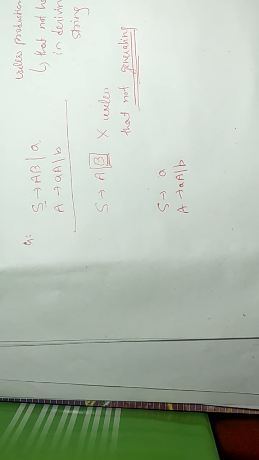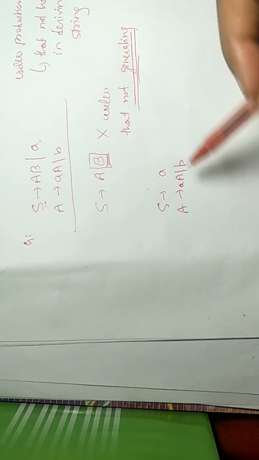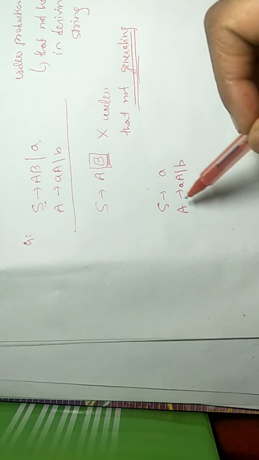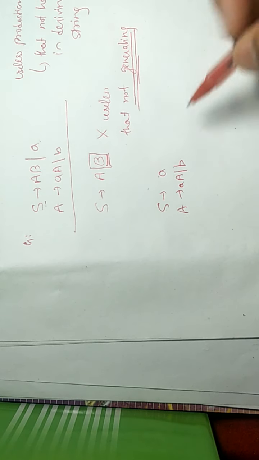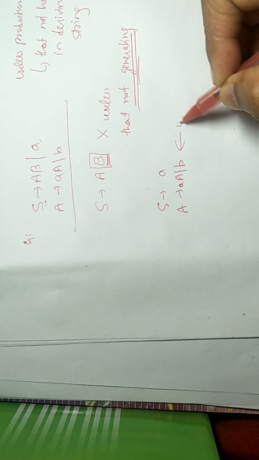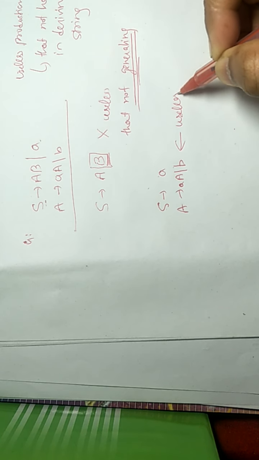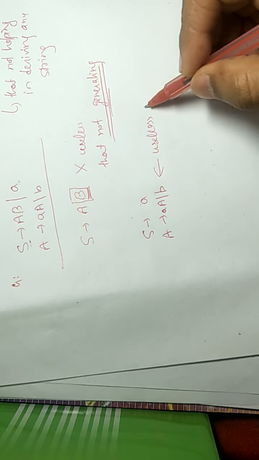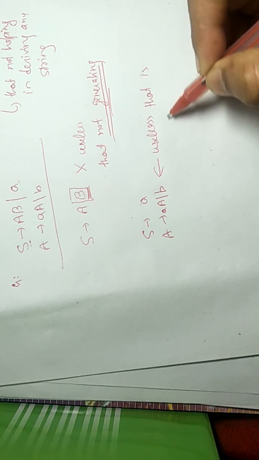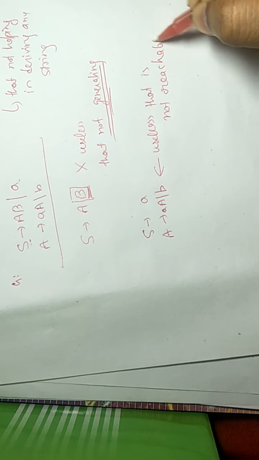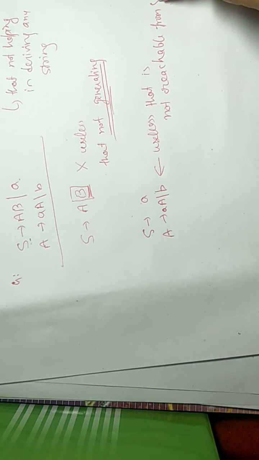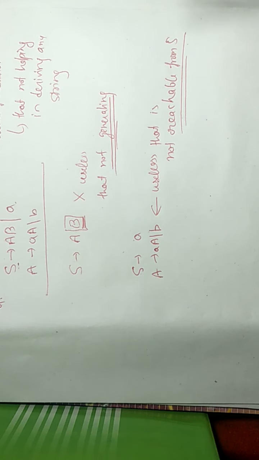Because a string is derived from capital S only, the start production, we will never get capital A while deriving a string from capital S. So this is also useless, because it is not reachable from the start production.